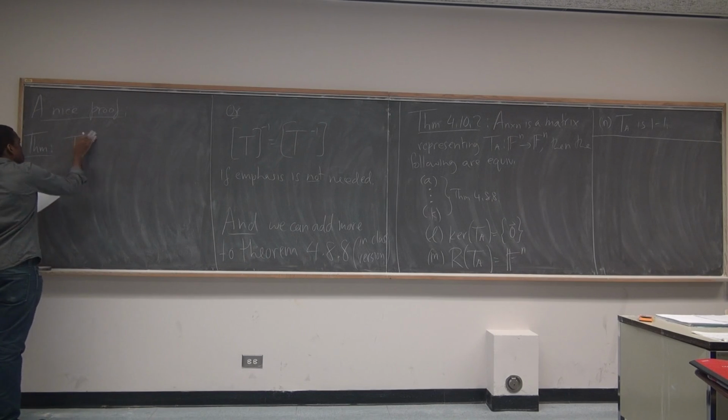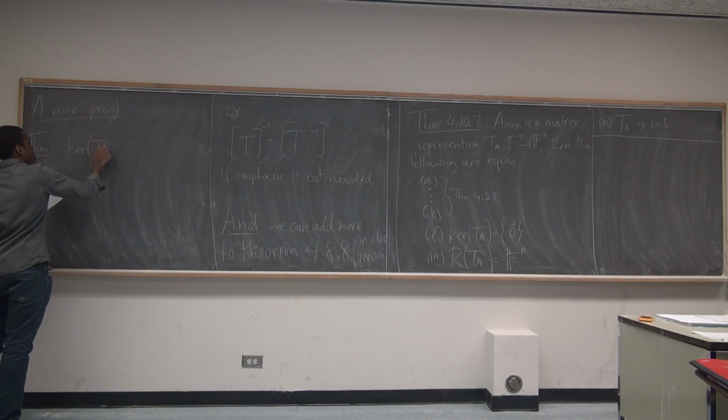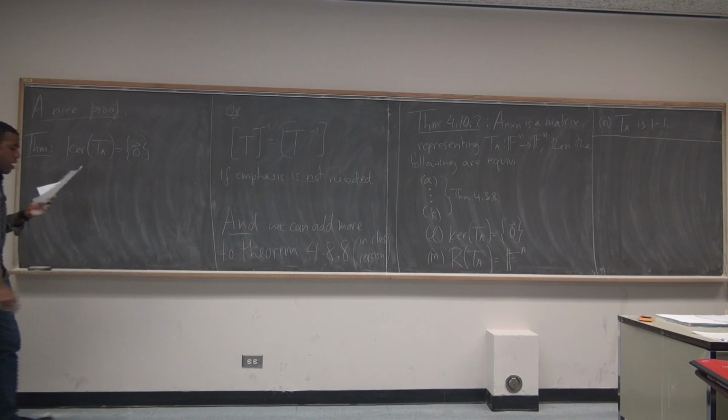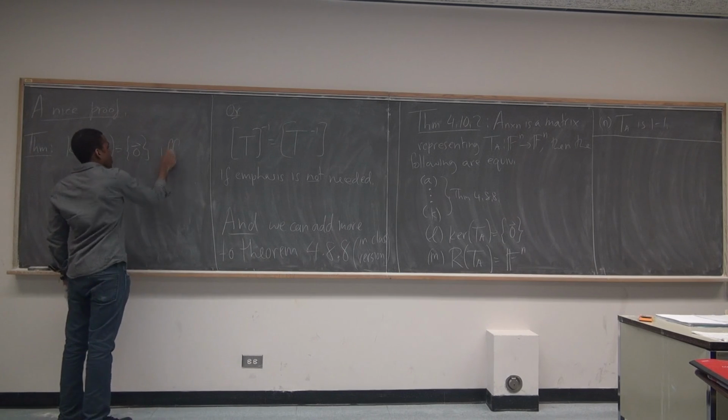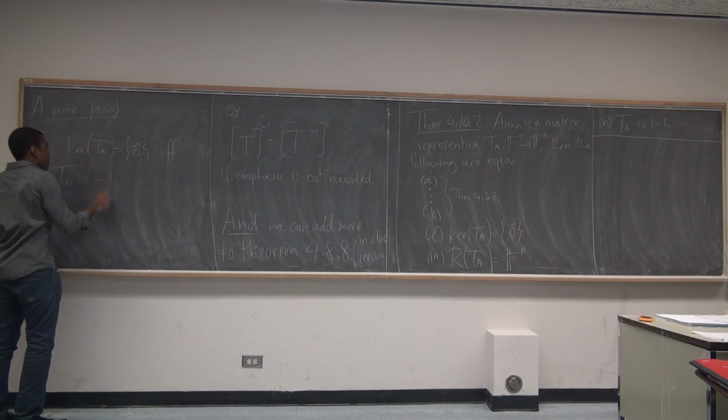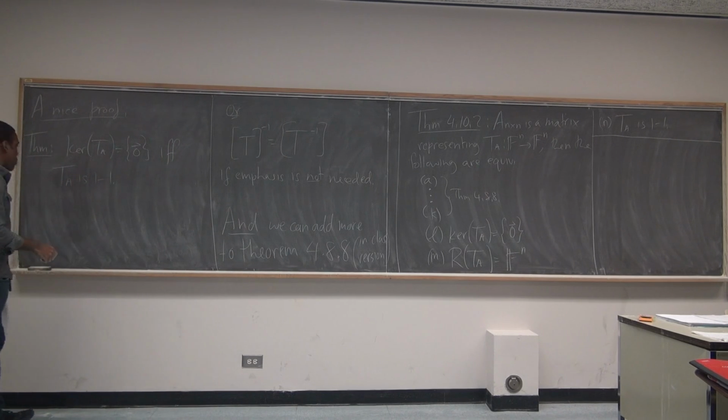So, the kernel of TA equals 0 if and only if TA is 1 to 1. I'll just prove both directions here.